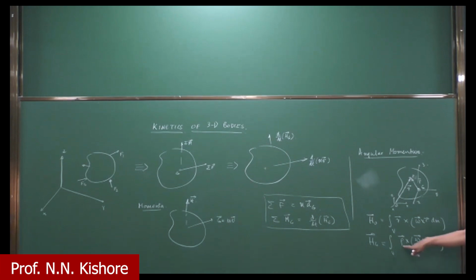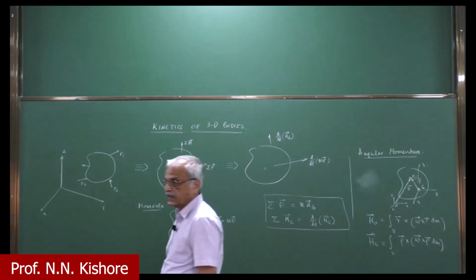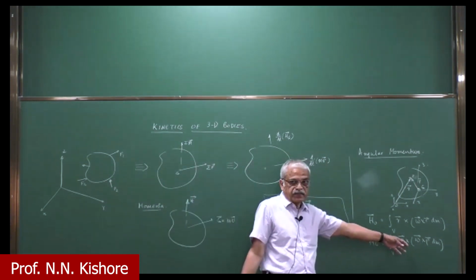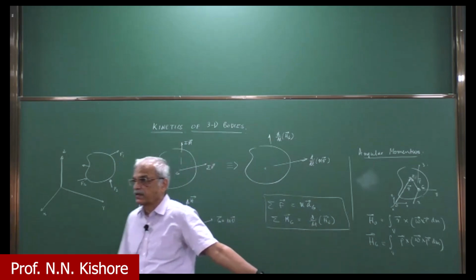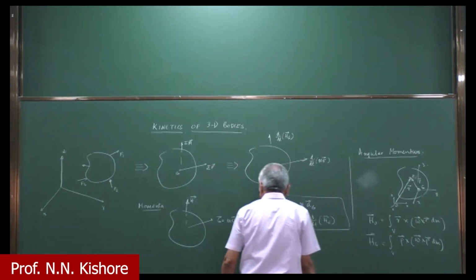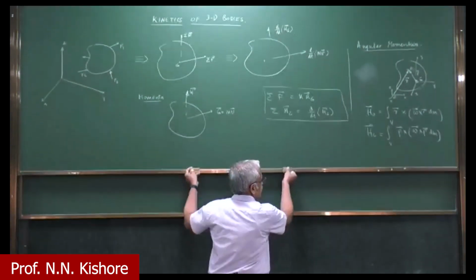And rho cross is the one taking the moment about G, right? We started off with discrete particles, but then we said that if the mass is continuum, then it looks like this one, right?